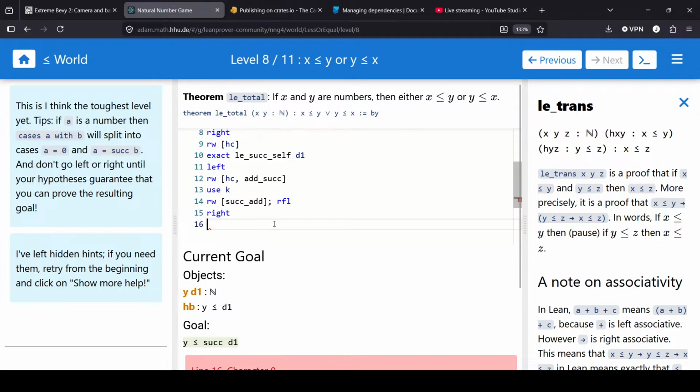I should be able to exact with this as the first argument. Or do I want to apply it?